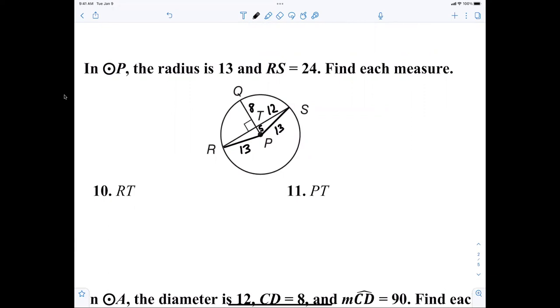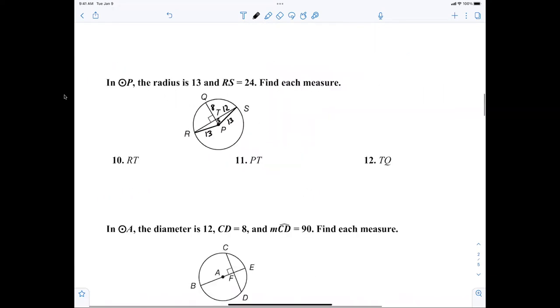That was hard. If you don't draw PS or PR, you probably can't do that problem. Anybody have any questions with that? That was very difficult. RT is how much? 12. PT is what? TQ is 8.